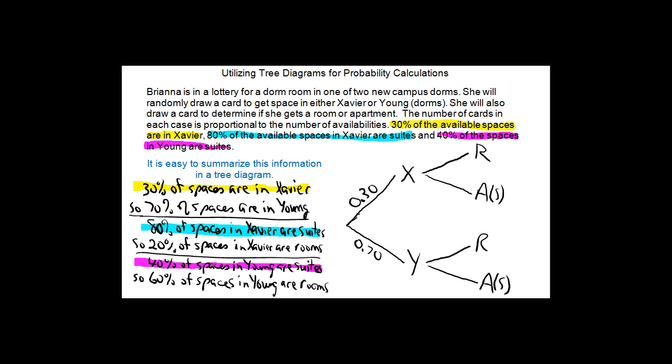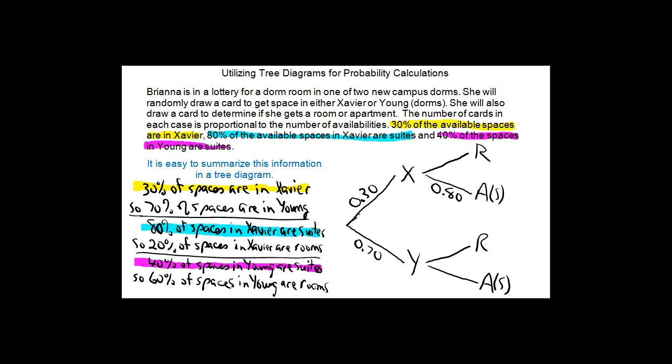I don't want to redo this just because of the wording. Anyway, for our purposes, apartments or suites, same thing. So if 80% in Xavier are the suites, or as I've actually started off writing, I call them apartments, but just make that translation.